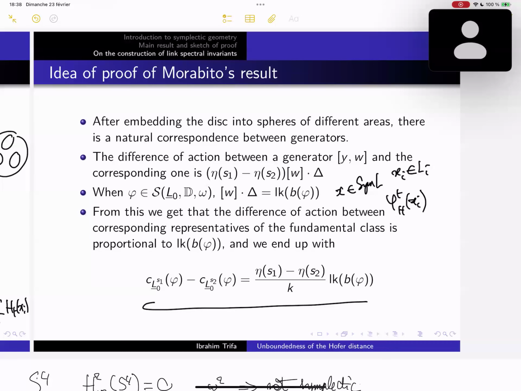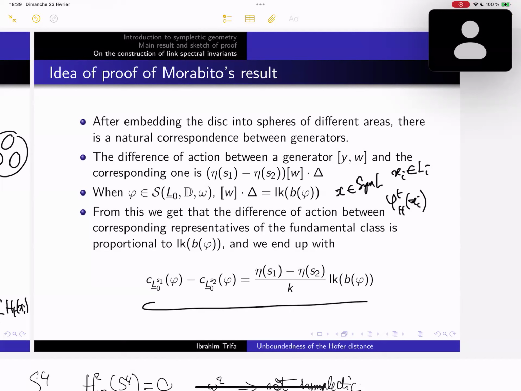You can see that this will define your braid. You have k strands starting at the xi, and this defines a braid that ends up on the same Lagrangian in the end, because phi is in the stabilizer. The capping W is a homotopy between this braid and a constant braid, which is just an intersection point between Sym L and its image by phi.